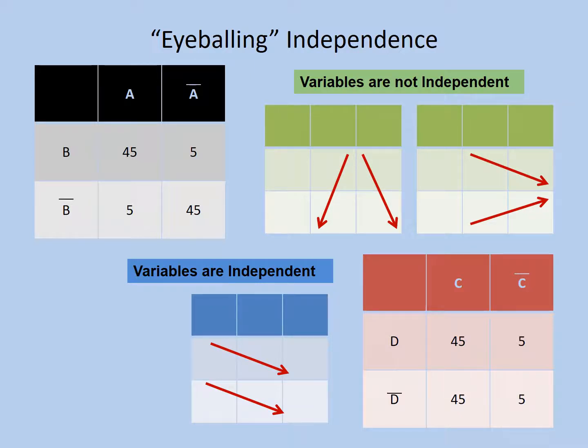In contrast, in column A bar, representing the other category of A, the cell frequency increases from 5 to 45, so we draw a vertical arrow that leans to the right. Again, when two such arrows go in opposite directions, or more specifically are not parallel, we can conclude that the two variables being considered are not independent.